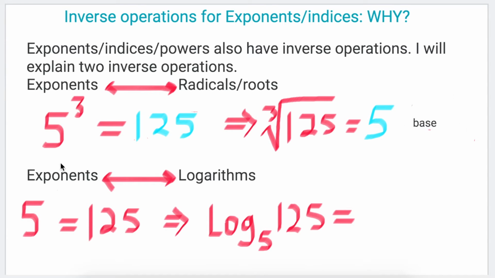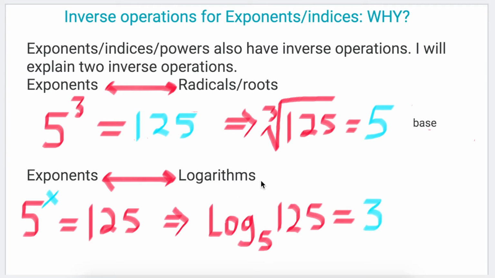Now, the other way of finding the inverse of exponents is using logarithms. So let's say you have the number 5 raised to an exponent x, and it gives you a result of 125. So you want to figure out what is the exponent that gives you 125. So in this case, you would take the logarithm of 125 to base 5. So the logarithm would give you 3.